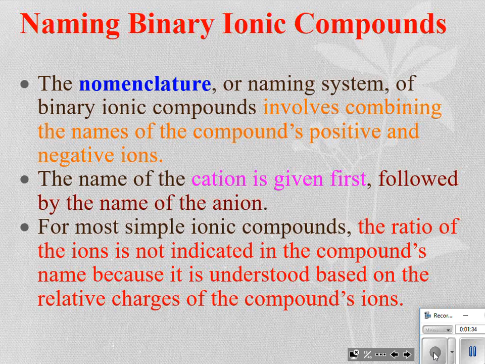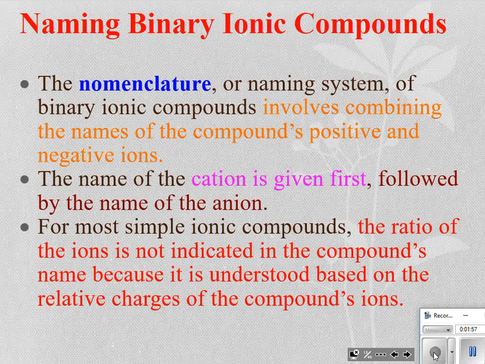Positive, what? Positive. You might as well take out your periodic tables. We're going to need them. Positive 2, because calcium is going to lose 2 electrons. So as a cation, it's going to be plus 2. Might as well take out your ion sheets also. You're going to need those.